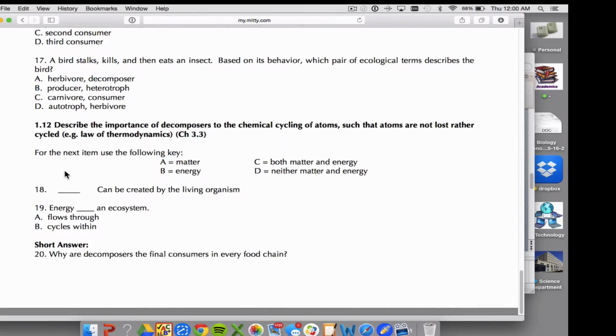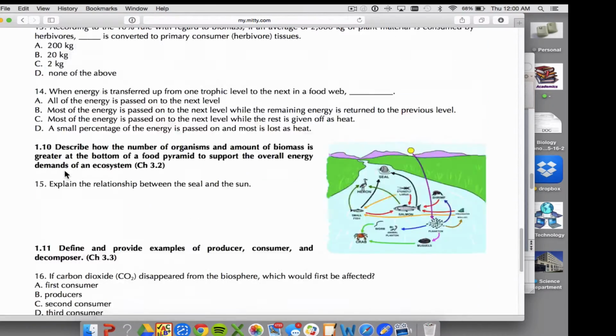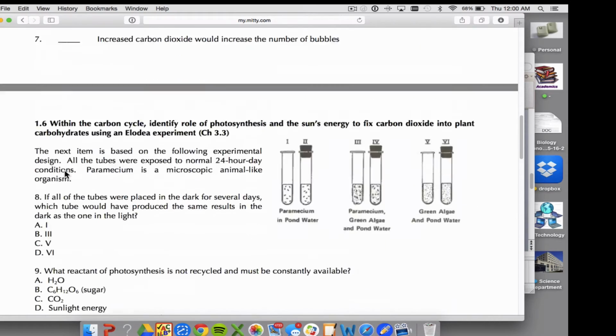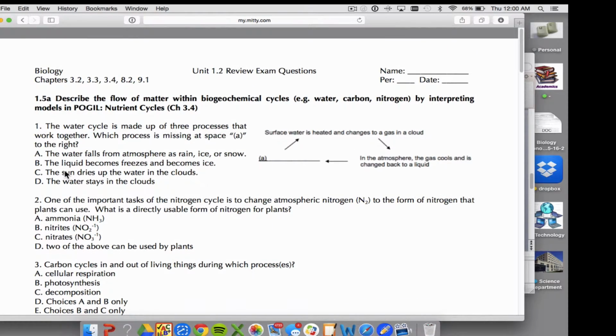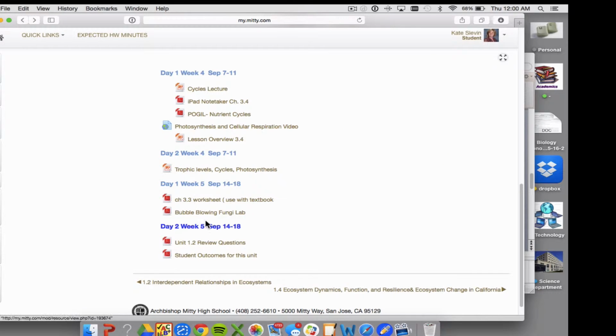Once you've finished all these, just file the Notability page on your iPad and then check back on Sunday. I will have posted the answers then and you can check your own work. So that's the review. So complete Unit 3.2, Note Taker, and work on these exam review questions.